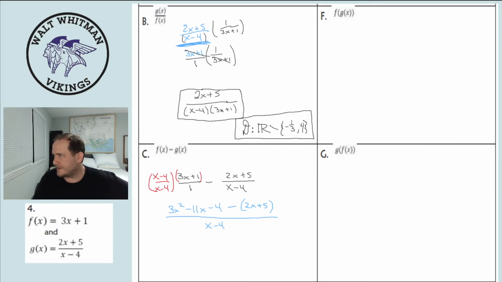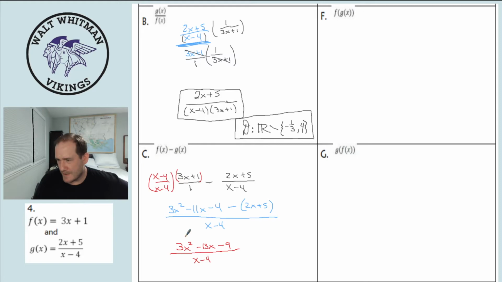So combining like terms, you're going to land on taking away 2x from the negative 11x. So you'll have 3x squared minus 13x. Then you've got minus 4 minus 5, so minus 9. And it's going to be all over x minus 4.